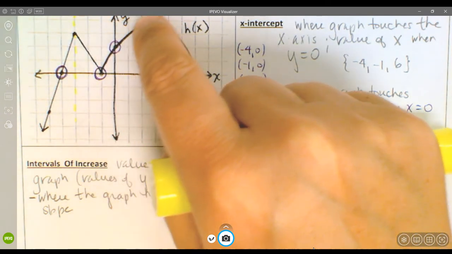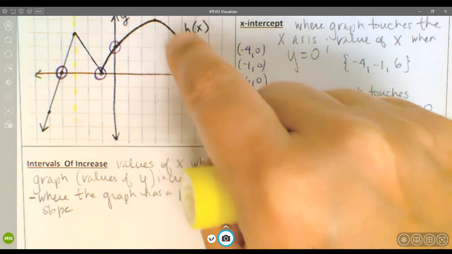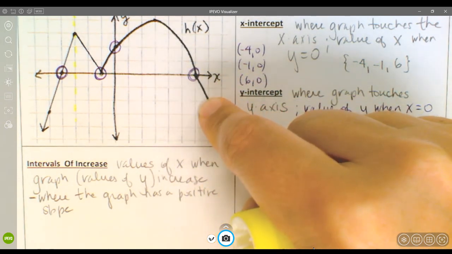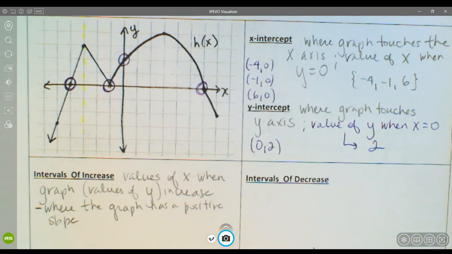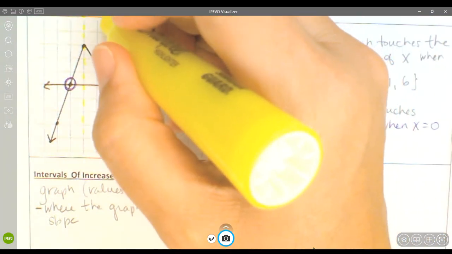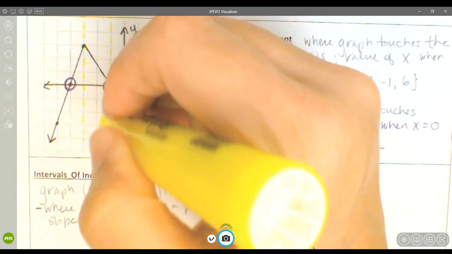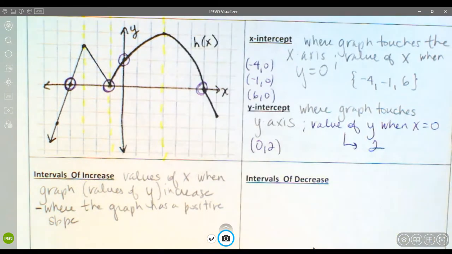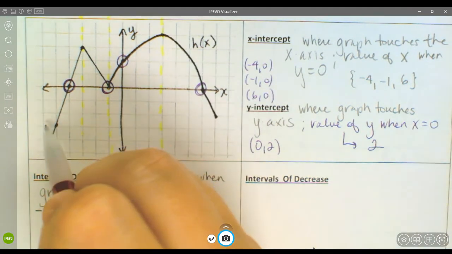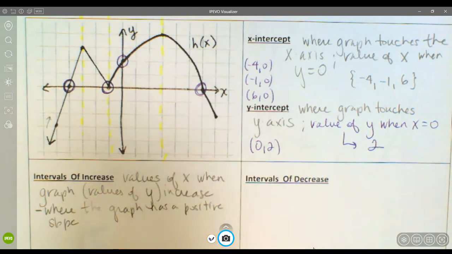Then we're going to curve up and then curve back down and then slope down again. So if you look at all of the different places where we change direction, there they are.